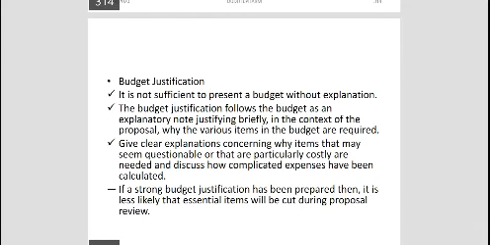Give clear explanations concerning why items that may seem questionable or that are particularly costly are needed, and discuss how complicated expenses are being calculated. If a strong budget justification has been prepared, then it is less likely that essential items will be cut during proposal review.